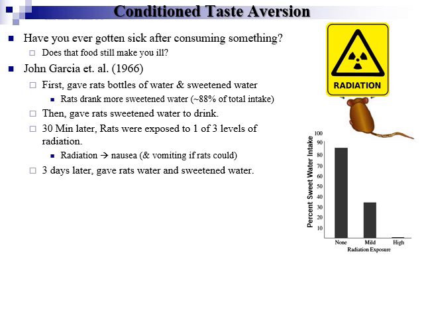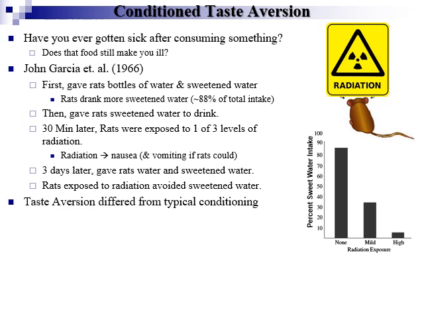And those that were exposed to high levels of radiation didn't drink hardly any sweetened water at all. The one-time exposure to being sick after drinking the sweetened water was enough to change their preference from sweetened water to regular water. In other words, the sweetened water made them sick.